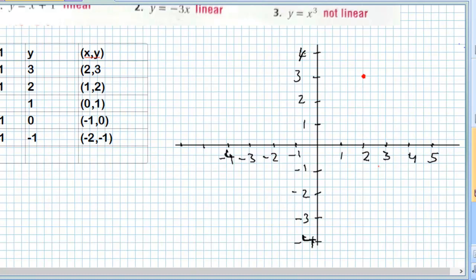Second is 1 and 2, 1, and I will go up for 2 here. 0 and 1, so 0 and 1 here. -1 and 0 is here. -2 and -1 will be here, okay? Then we will draw a line moving through those points.